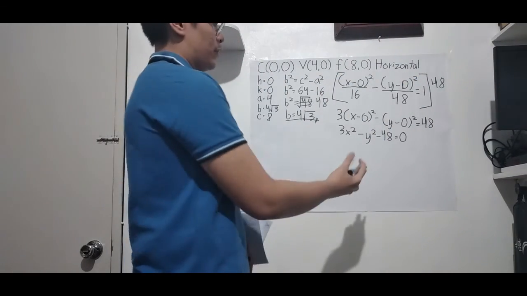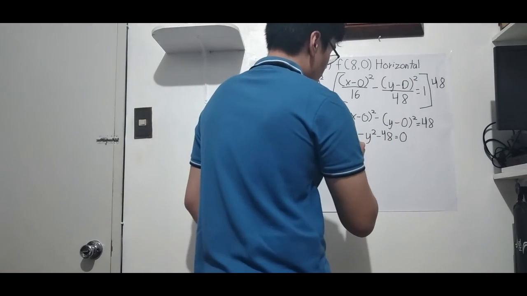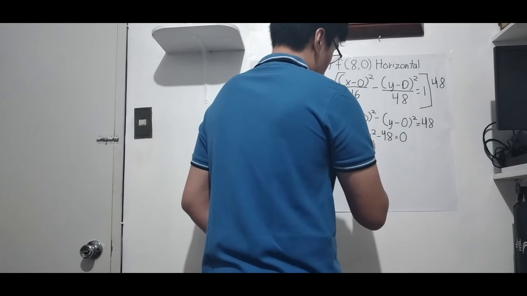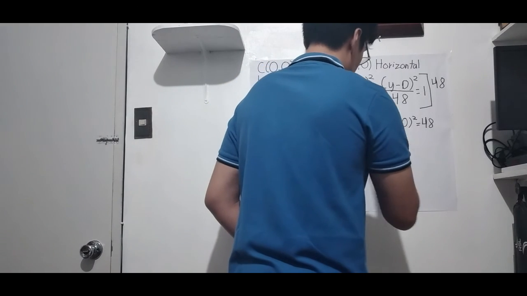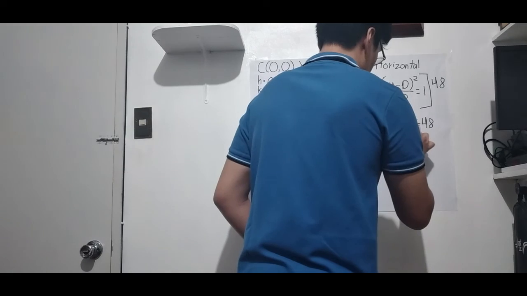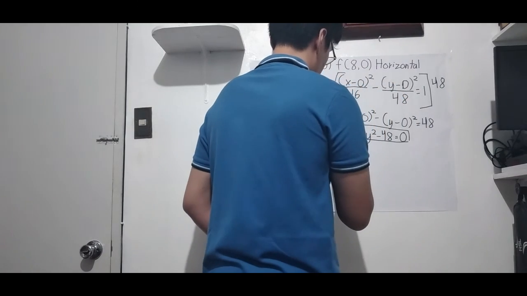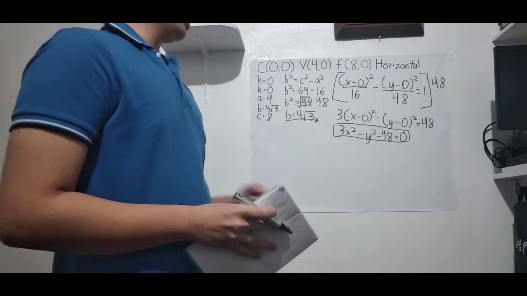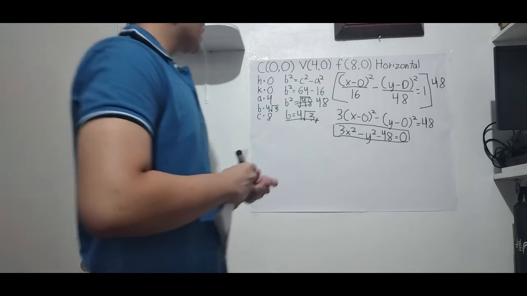So there you have it. That would be our general equation. I'll just put the squares here. So that would be our general equation for this hyperbola given.